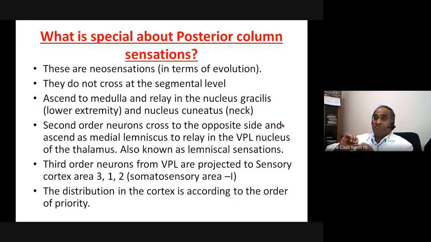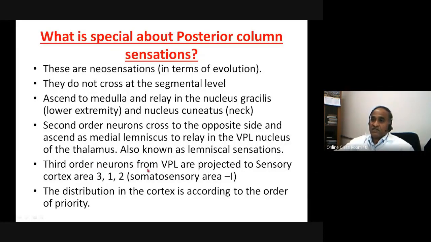Lemniscus means a bundle or a ribbon. They ascend as the medial lemniscus to reach the ventero-posterolateral nucleus of the thalamus. Because they ascend as the medial lemniscus, they are also known as lemniscal sensations. Posterior column sensations and lemniscal sensations are the same. Medial lemniscal is the more specific term.